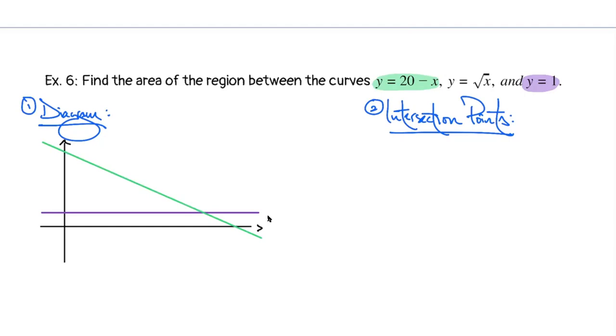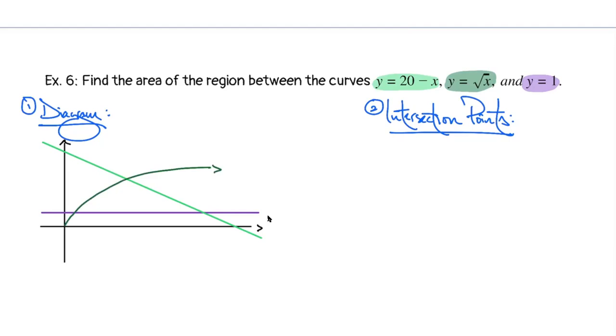And let's choose a different shade of green. Tell me about y equals square root of x. What does that look like? Yep, sideways parabola, but just the top half.